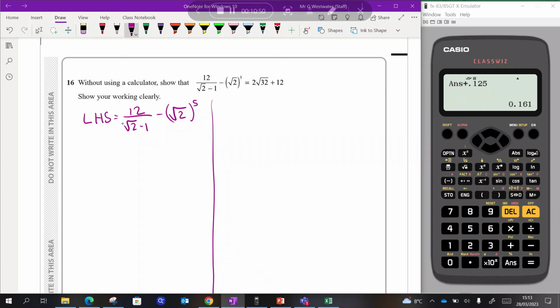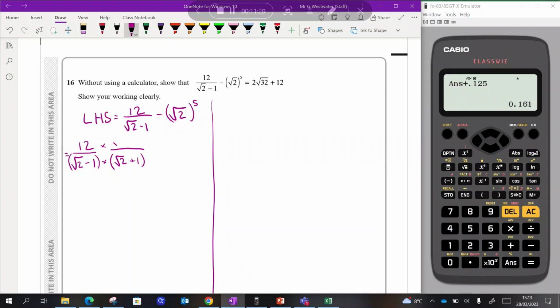Whenever I see this kind of surd, where it's a fraction, what they're always looking for you to do is to rationalize it. So 12 over root 2 minus 1, and to rationalize a surd like this, we need to times top and bottom by the complement of this, which is root 2 plus 1.